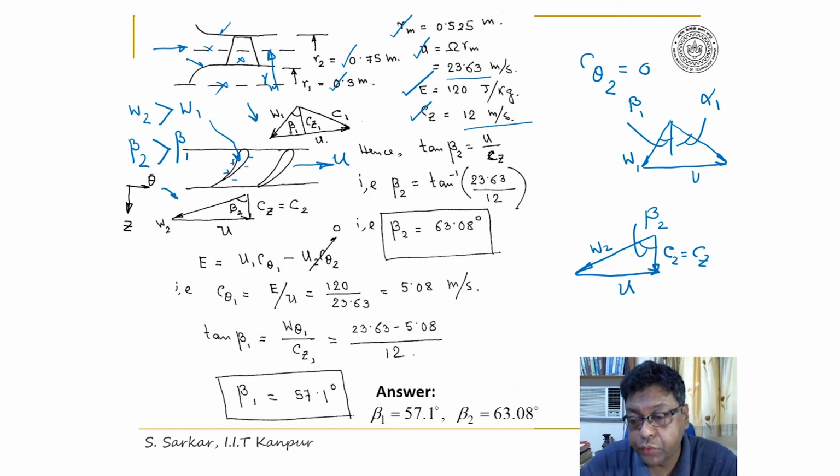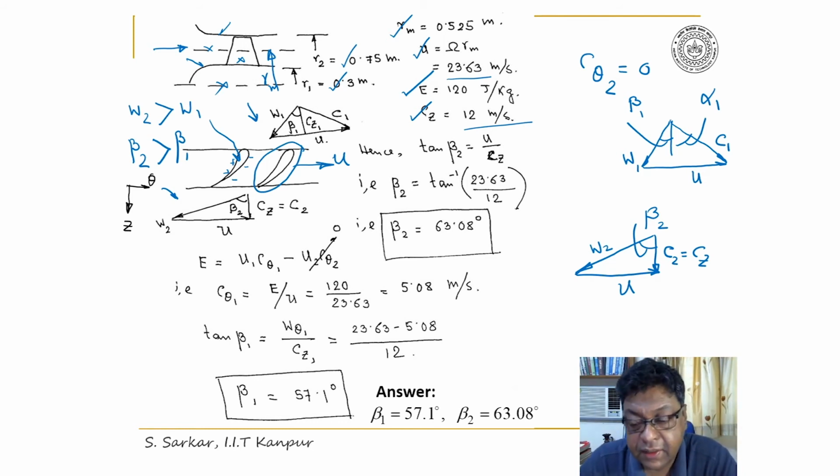So this is U and this is C1. So hope you have understood the velocity triangle for a turbine at inlet and exit, and you have appreciated that flow and the blade angle are conformal, and the blade profile is conformal. Thereby, that is what I like to say, that flow follows the blade orientation. So one can appreciate that the orientation of the blade profile here will be just opposite to that of the pump.